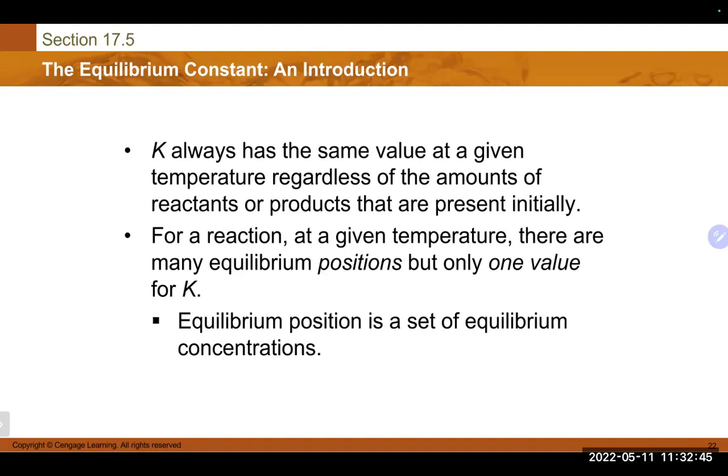The reaction that you see and the K value that you see is again associated with a specific temperature. The equilibrium position is a set of different equilibrium concentrations along the way.